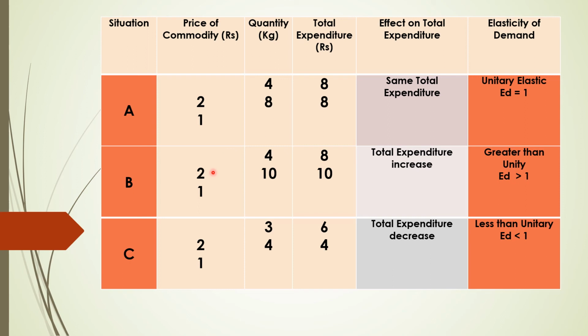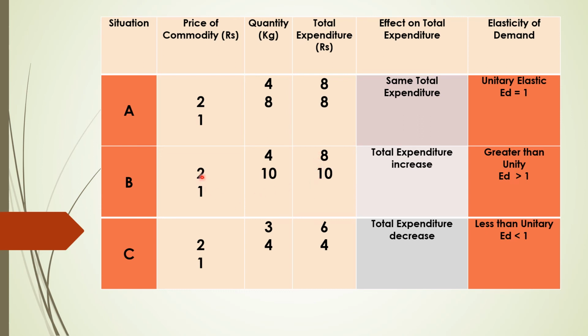Now the next one, when the price is decreasing 2 to 1. Remember, this is a trick also you have to remember. When the price is decreasing 2 to 1, total expenditure increases 8 to 10. Or when the price increases 1 rupee to 2 rupees, total expenditure decreases 10 to 8. Here we have which kind of relation?